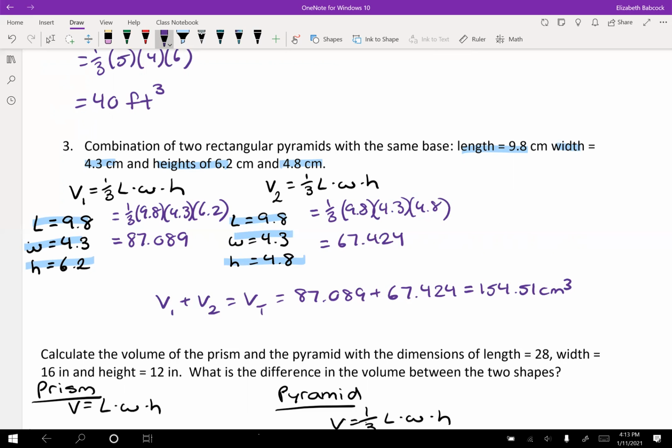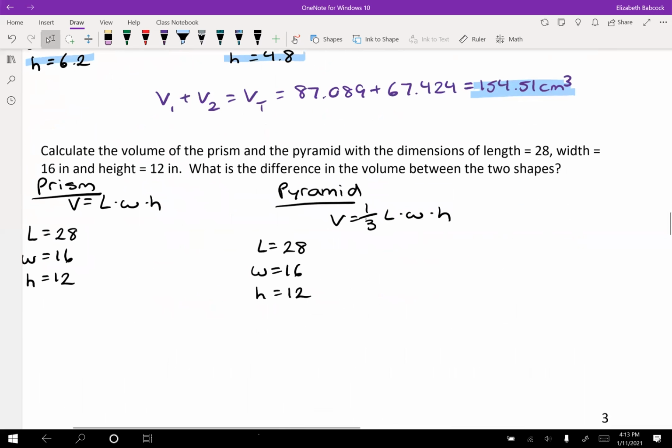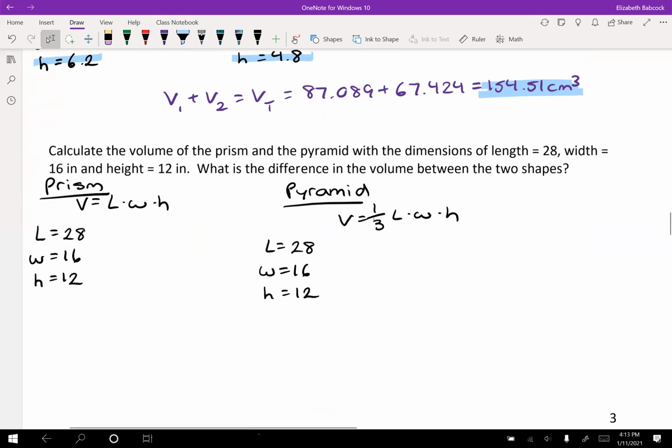So then you have your final answer. Now you are looking at the comparison between the prism versus pyramid as far as volumes go. Okay, so we will calculate them out.